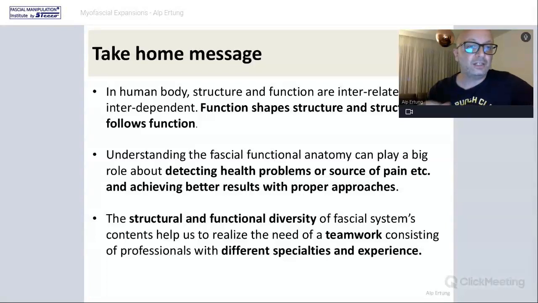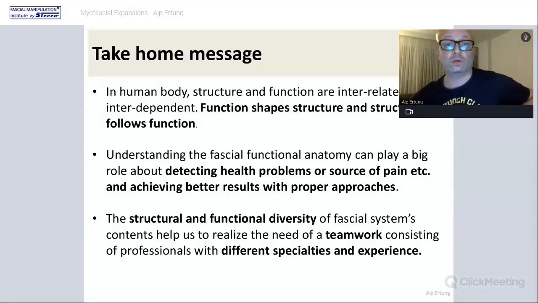Understanding the fascial functional anatomy can play a big role in detecting health problems or sources of pain and achieving better results with proper approaches. The structural and functional diversity of fascial systems helps us realize the need for teamwork consisting of professionals with different specialties and experience.